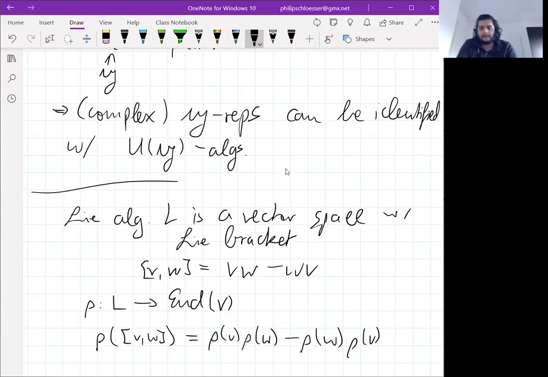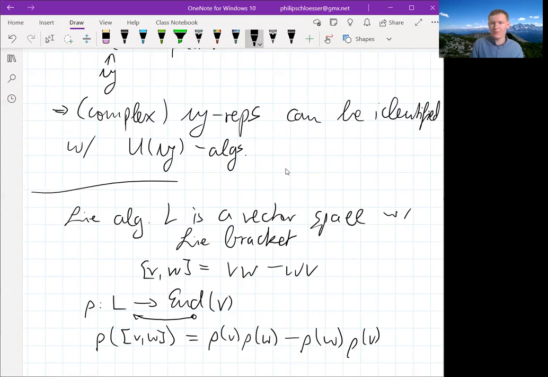And in the universal enveloping algebra, this is what you're doing. The idea is sort of that you're always mapping to associative algebras where you have some kind of product. So ideally, you would like to pull back the product from End(V) to L, so that you can actually have some product on your Lie algebra, where you can say the Lie bracket is just the commutator.